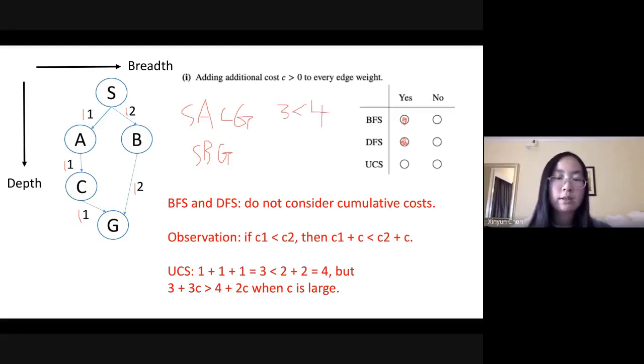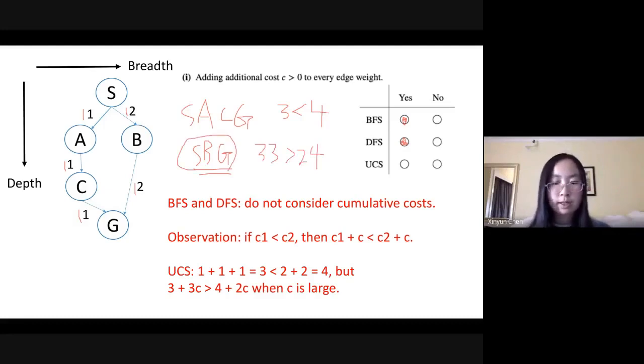But when we add this cost to every edge weight, things change. In this case, S to B to G becomes better, because S to A to C to G is 32, but S to B to G is 24. So in this case, this path is better.